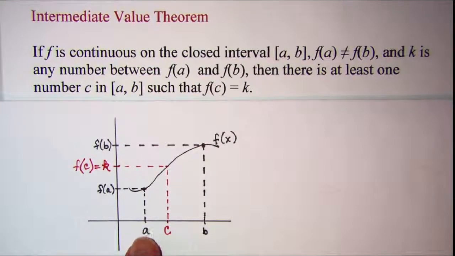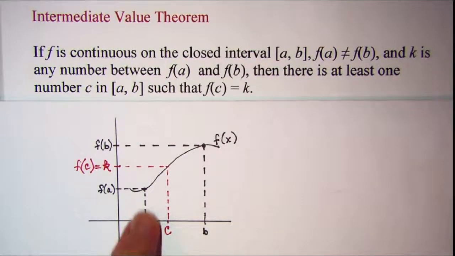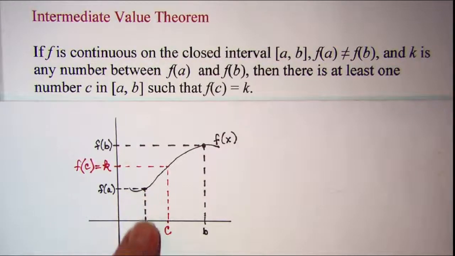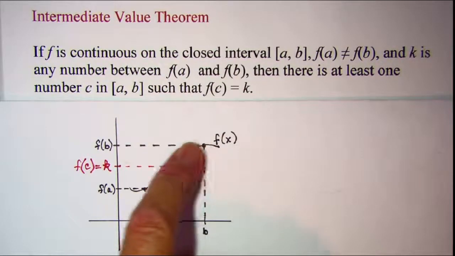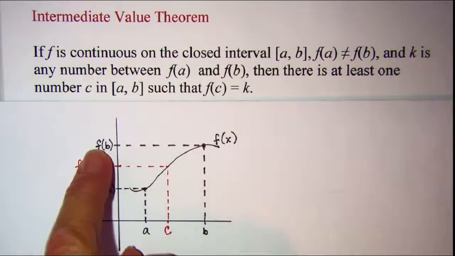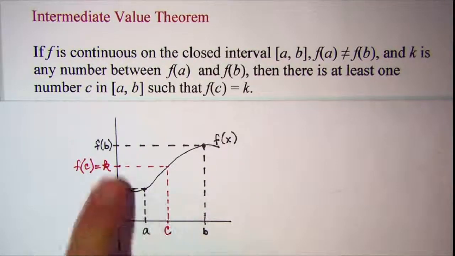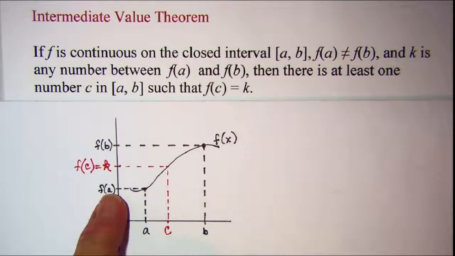Notice we have our closed interval from a to b right in here, and f of a is the y value that corresponds to the x value a, and f of b is the y value that corresponds to the x value b. And we notice that f of a and f of b are not the same number.